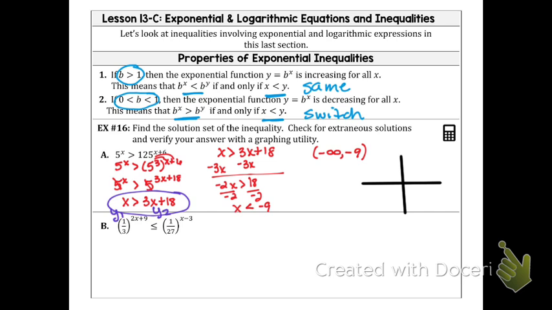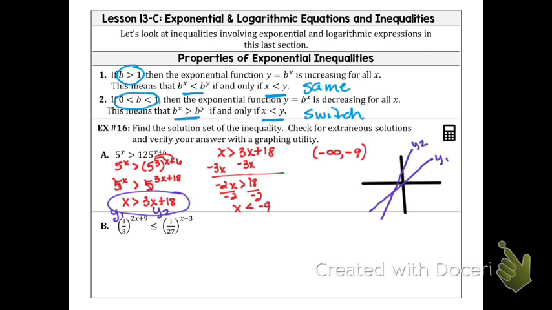So when I go to graph y equals x, and I go to graph y equals 3x plus 18, I'm going to label this is what I put in y1, this is what I put in my y2.